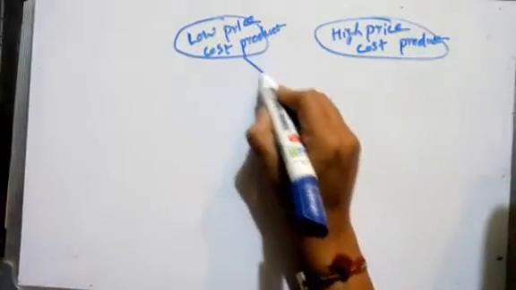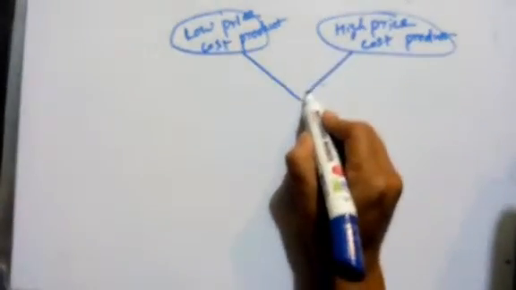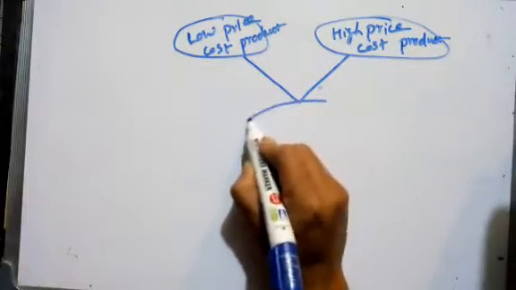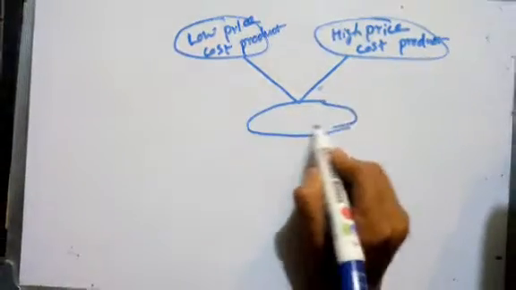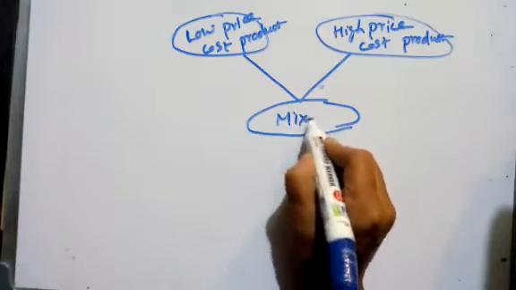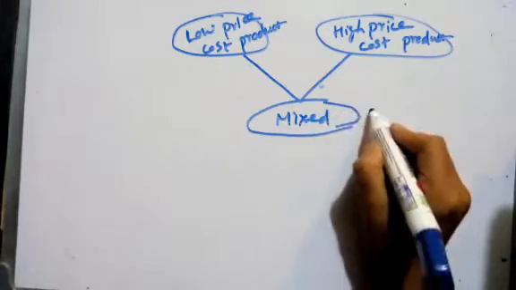Clear? These two are mixed in a ratio, which gives the mixed cost, or average.